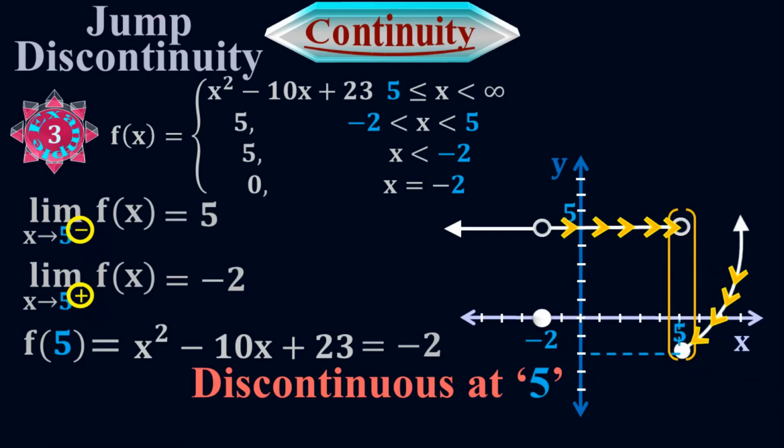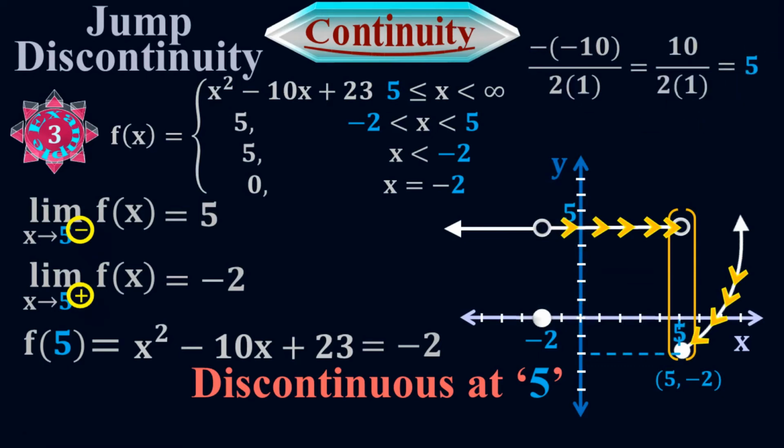At this stage, my coordinate points are 5 and negative 2. Remember, we have done in the parabola section how to determine the coordinate points along the x-axis and y-axis. If I have a quadratic equation, which is x squared minus 10x plus 23, I have a formula here, negative b over 2a. b is negative 10 here. This is my b. a is 1, so 2a equals 2, which gives 5. This is the point along the x-axis.